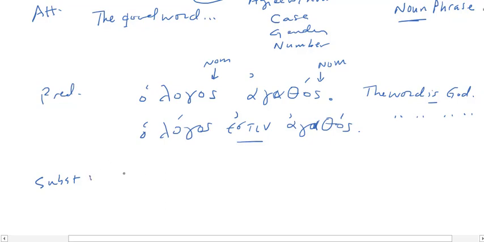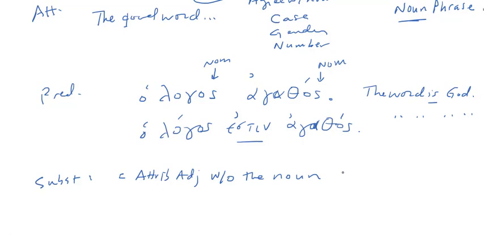The substantival adjective is like an attributive adjective. Okay, so let me just put it this way. It equals an attributive adjective without the noun. Okay? Attributive adjectives always accompany a noun and agree with it in case, gender, and number, right? Substantive or substantival adjectives are basically an attributive adjective without the noun.